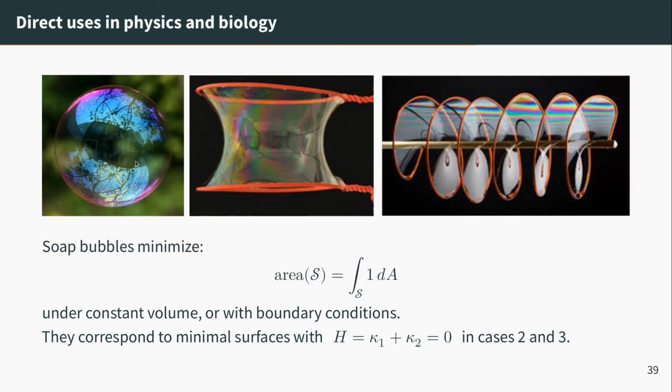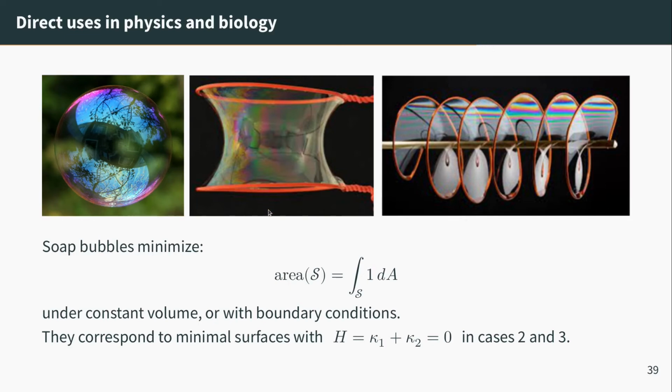Here, the constraint is that this is a closed surface that encloses a finite volume which is fixed. It's called the isoperimetric problem. We can show that the sphere is what minimizes the area, subject to the constraint that the volume is the volume of this bubble.